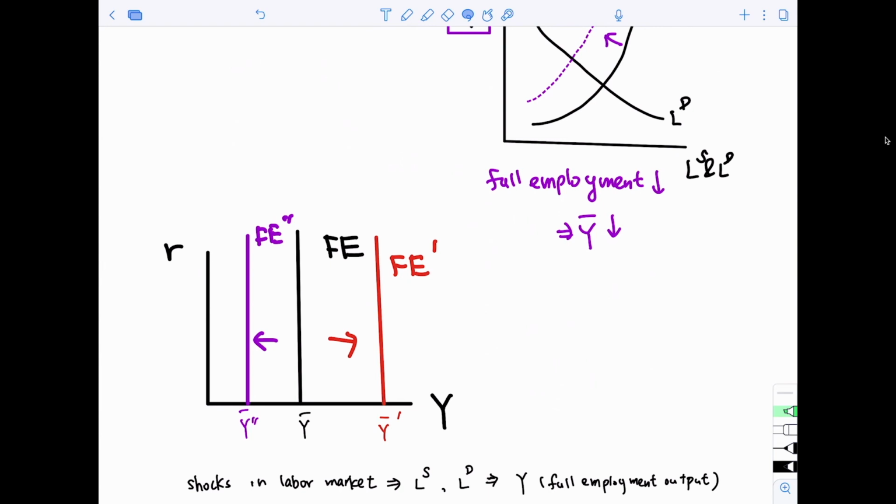When it causes it to increase, it shifts the full employment line to the right. When it causes it to fall, it shifts the full employment line to the left. This is the discussion related to what happens to the economy. So this concludes the discussion of the factors shifting the full employment line.